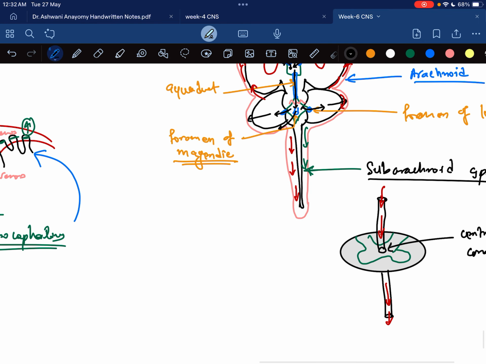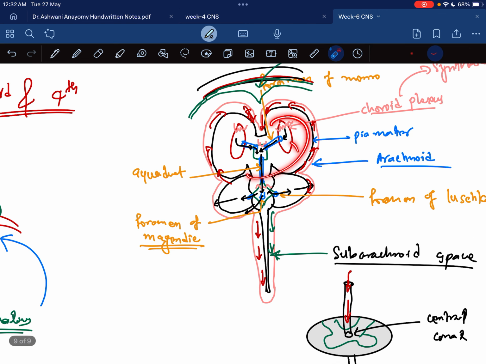So rapid circulation is going on, with synthesis and drainage. Here is the synthesis, here is the drainage. This happens 3 to 4 times in a day. The whole amount of the CSF is drained out, and that is the reason any waste material is removed.